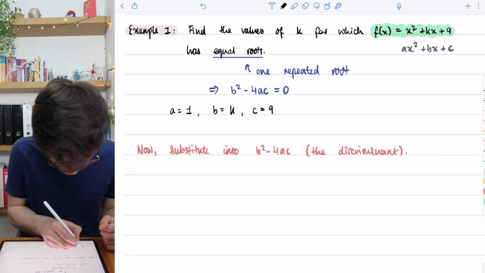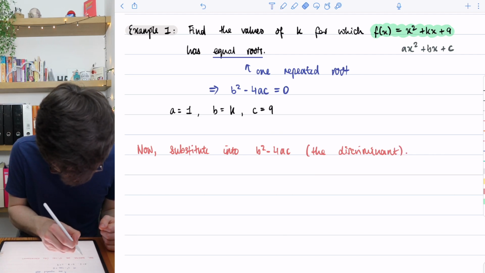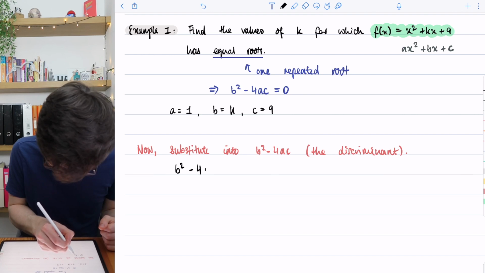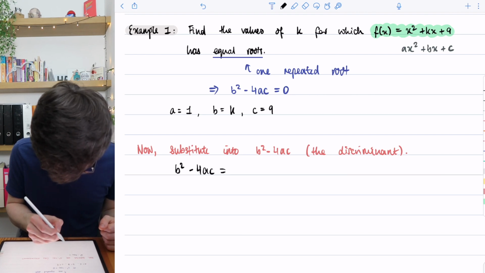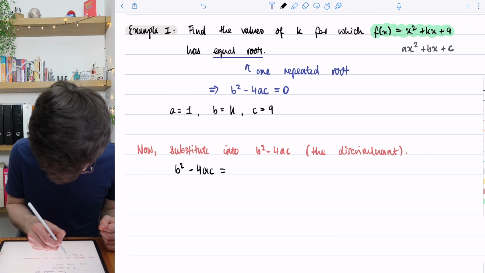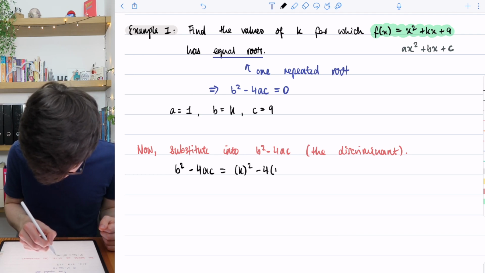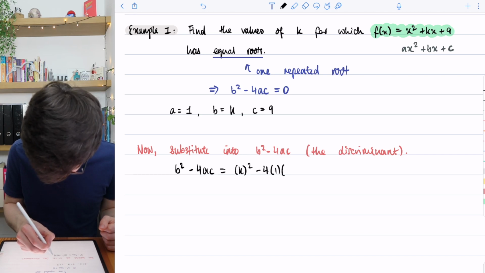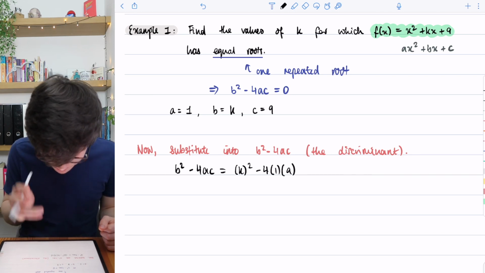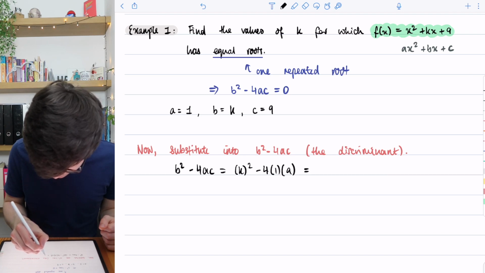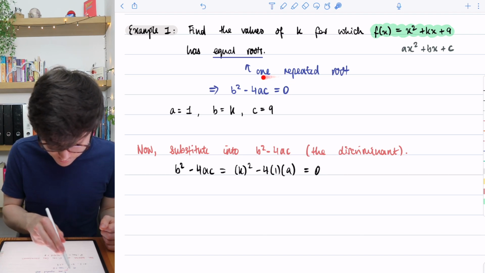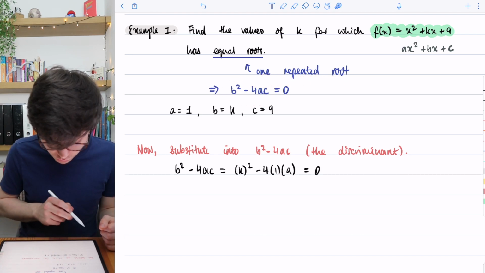So if we do that, we'll have b squared minus 4ac will be equal to, b is k, so k all squared, minus 4 times a, which is 1, times c, which is 9, and that is going to be equal to 0 because of this fact here, we've got one repeated root.